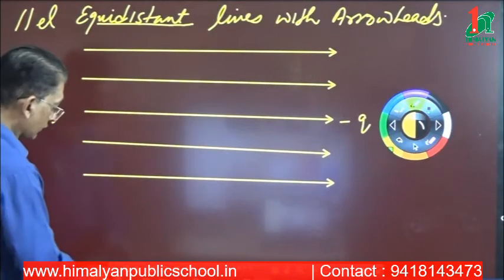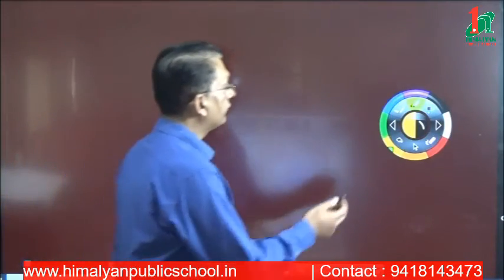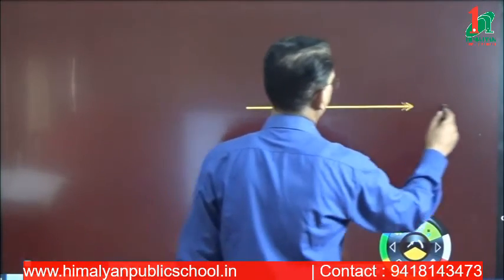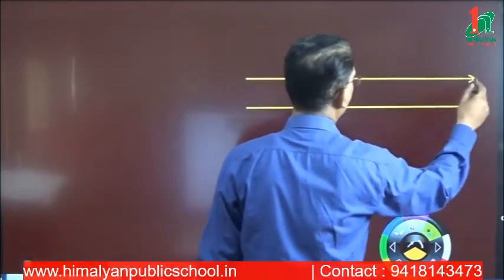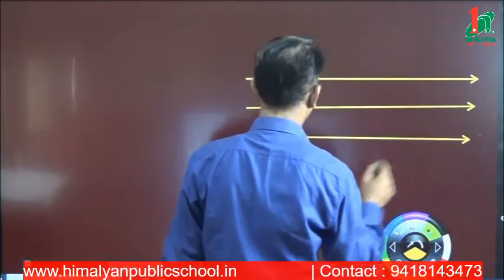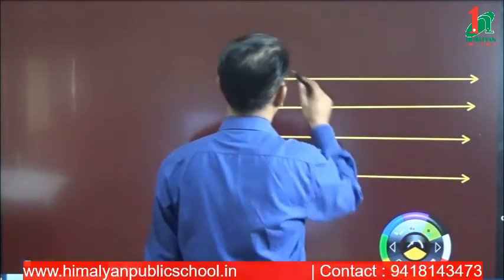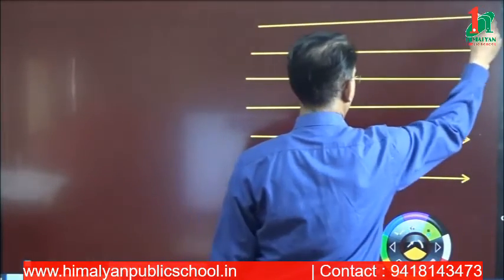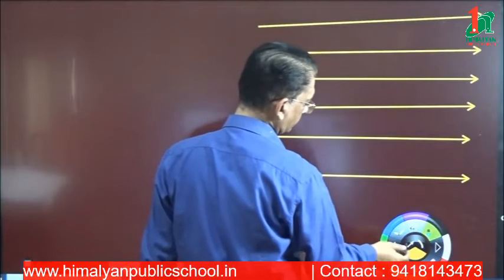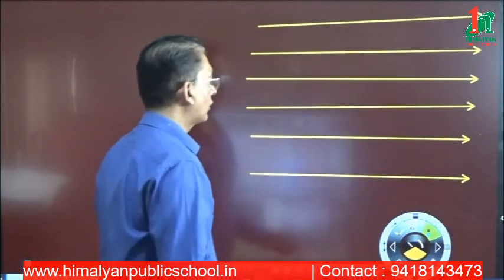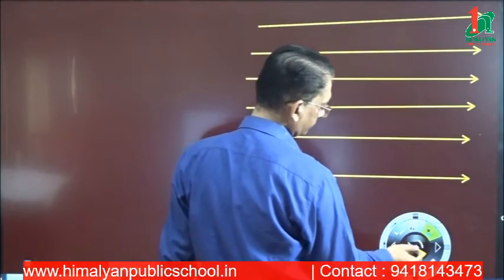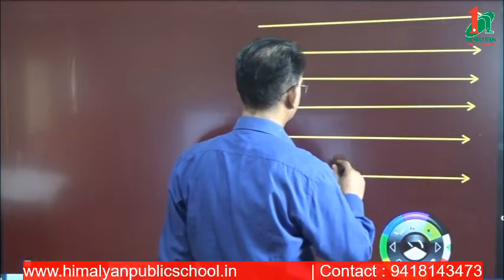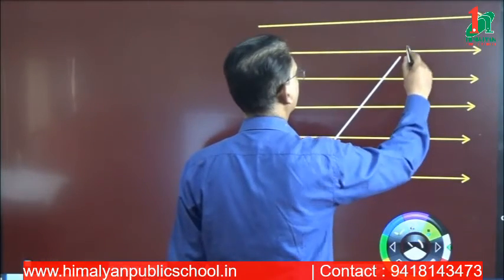Very simple. So firstly we will draw uniform electric field, which is represented by parallel equidistant lines. Now we will put a dipole inside this electric field.